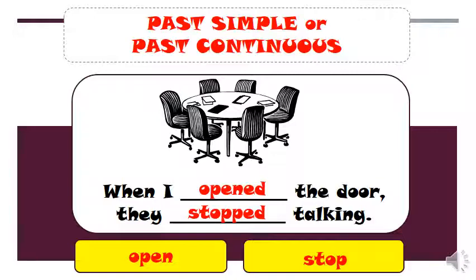We use here two verbs, both of them in the past simple. We don't use the past continuous because we don't know which one is longer than the other. Which one is longer? Stop or open? We don't know. So we should use the past simple with the two verbs.